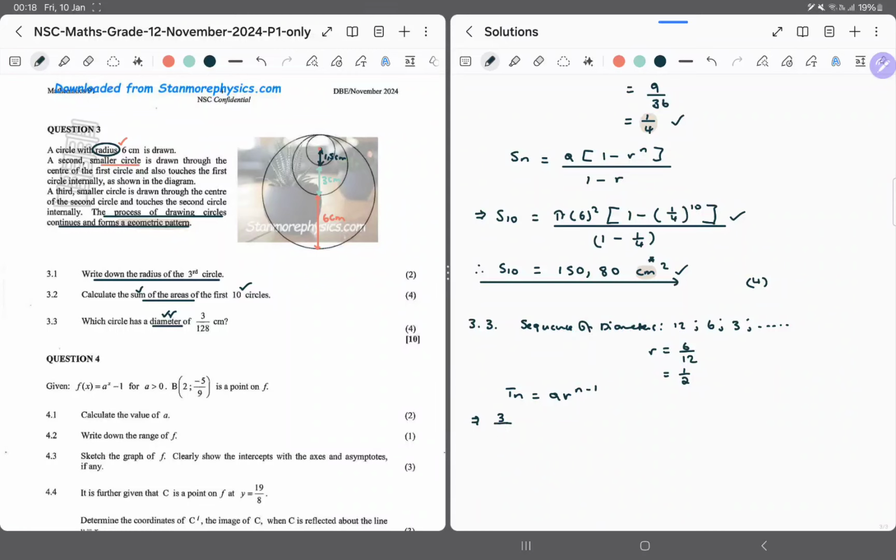So this is 3 over 128 equals a, this is 12, into r, which is a half, to the n minus 1. Okay. Now we can clearly see that we need to divide by 12 both sides here. So we get 3 over, so we just have 128 by 12 here.